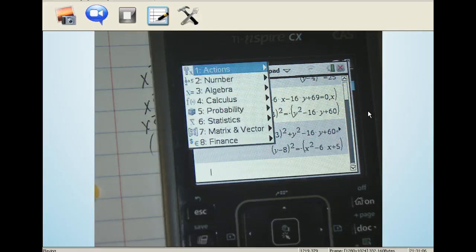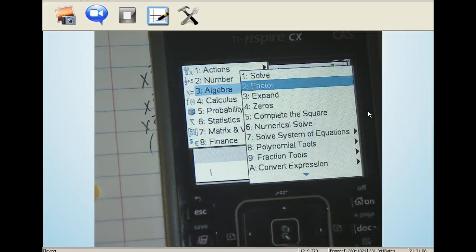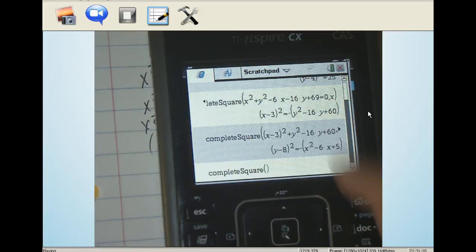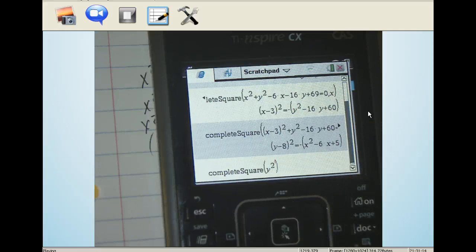So I'd go menu, algebra, complete the square. And this time just put in y squared minus 16y plus 60 equals 0, and I want to complete the square for y.